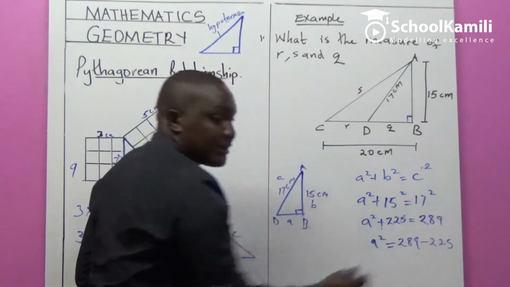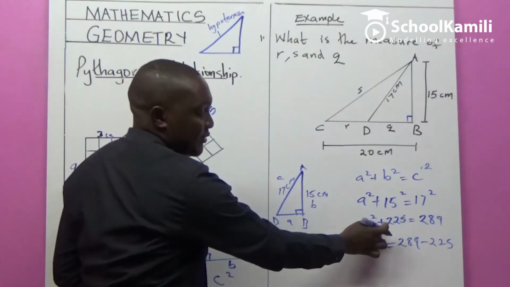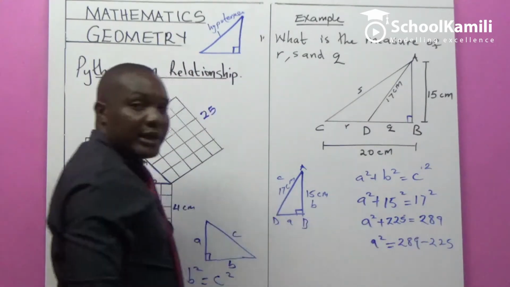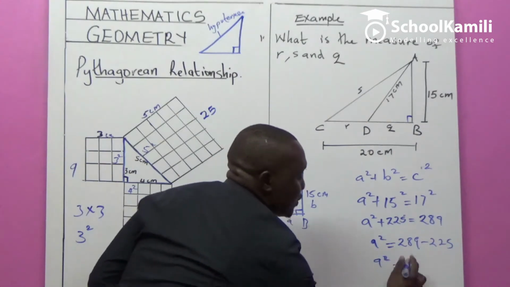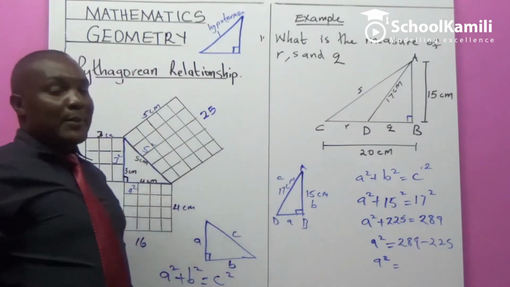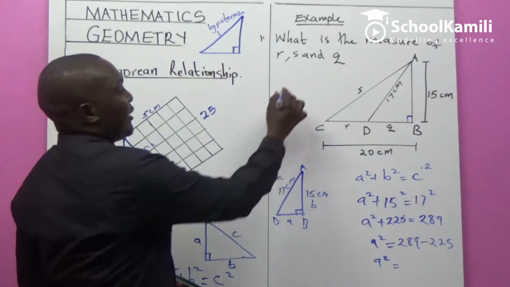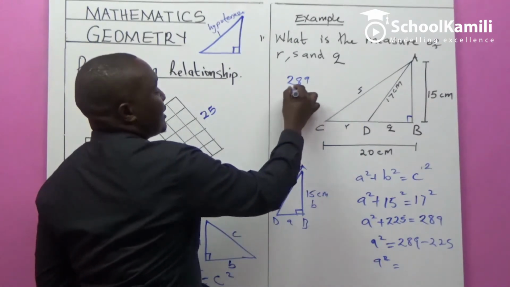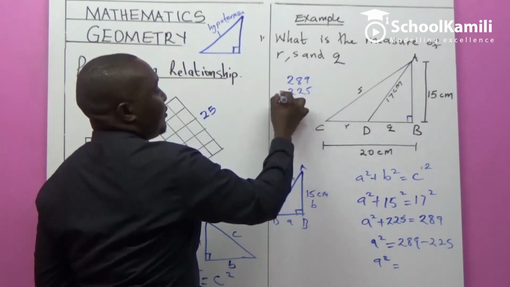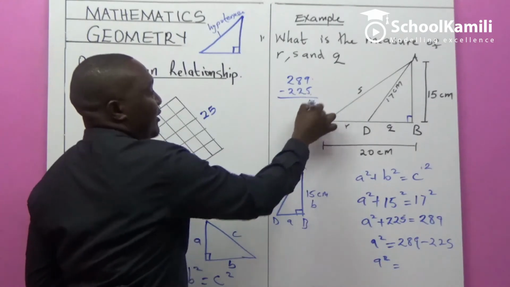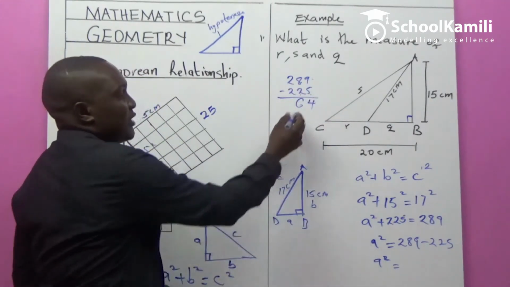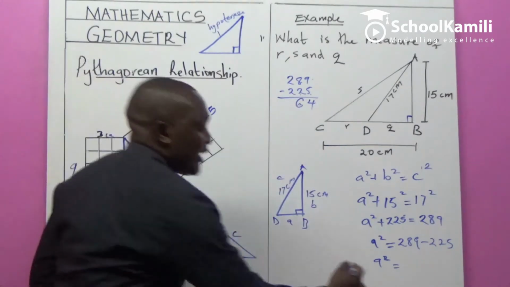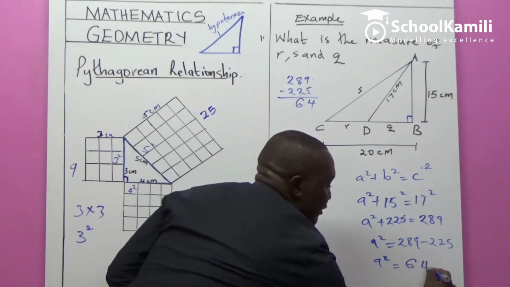We are collecting like terms together. So it had a positive sign. When it crosses the equal sign, it becomes a negative sign. So A squared will be equal to 289 subtract 225. 9 minus 5 is 4. Then 8 minus 2 is 6. So A squared is 64.